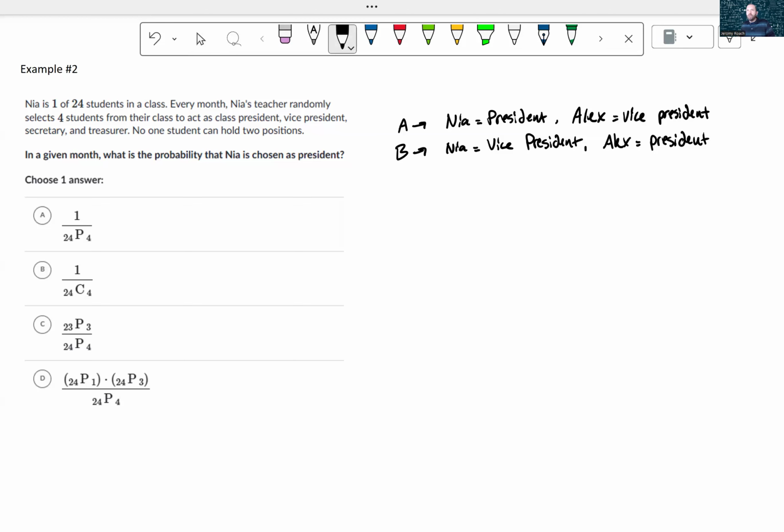So we need to ask ourselves, does switching these assignments create a different outcome for scenario A and scenario B? Which means if we switch the order of these things, does that mean that scenario A is equal to scenario B?